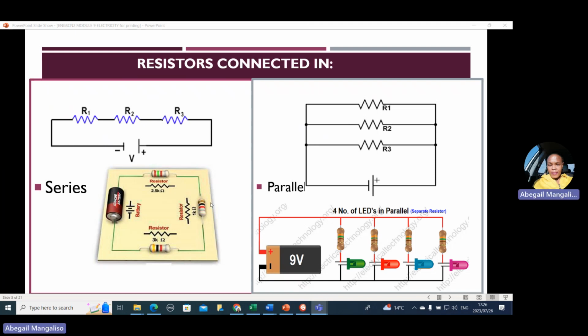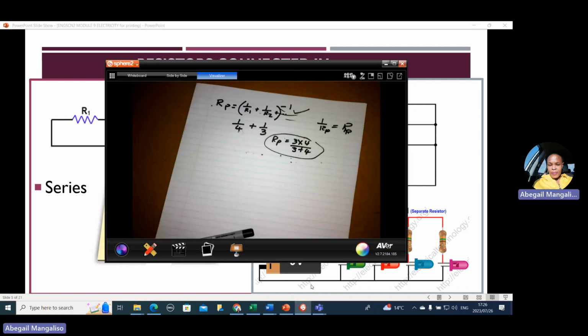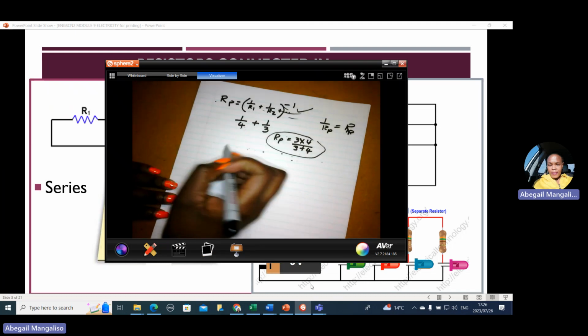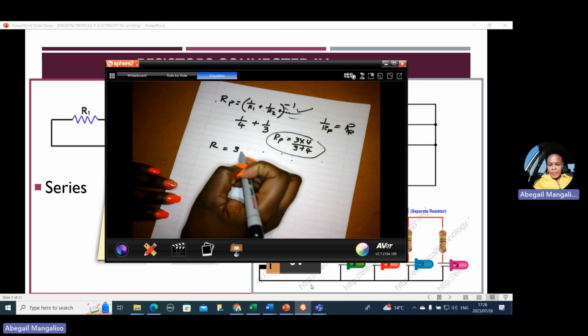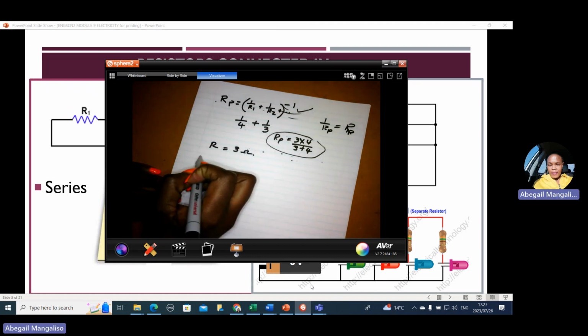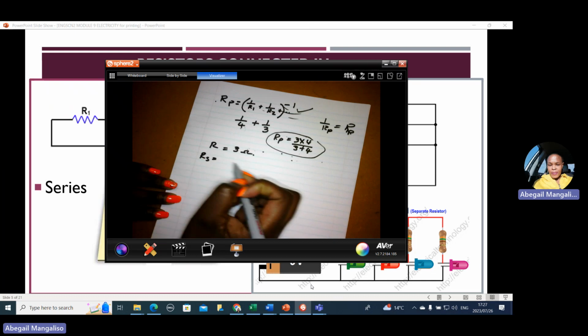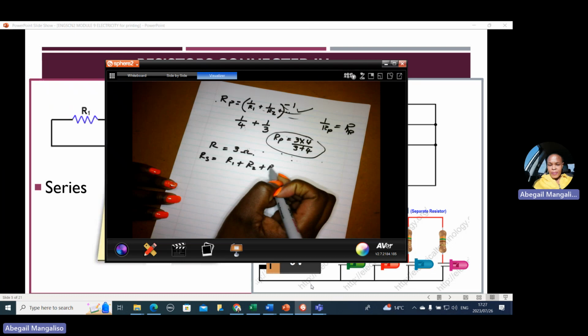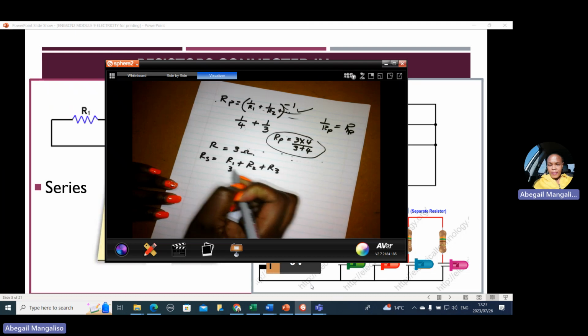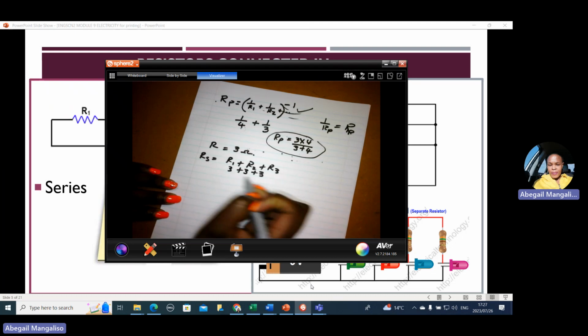Let me show you an example. When we have 3 bulbs that are connected in parallel and 3 bulbs that are connected in series, each resistor is equal to 3 ohm. If they are in series, R series will be equal to R1 plus R2 plus R3, 3 plus 3 plus 3 equal to 9 ohms.